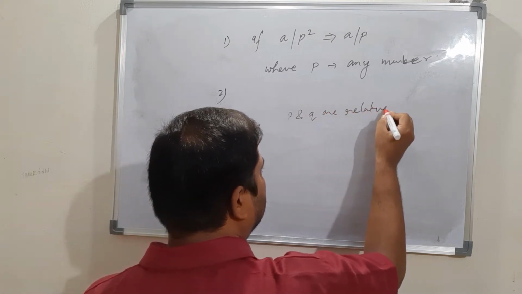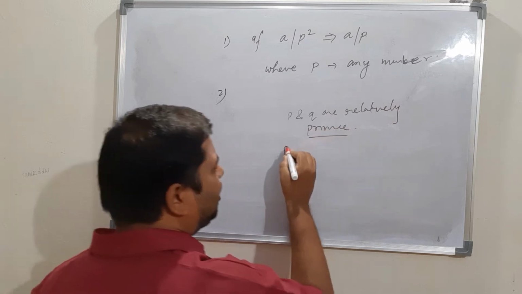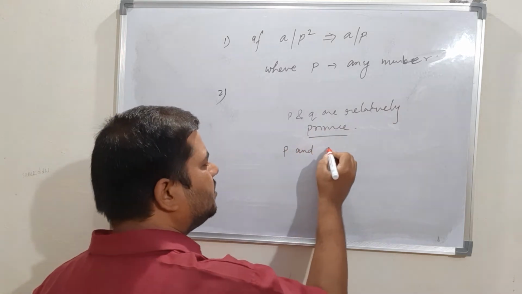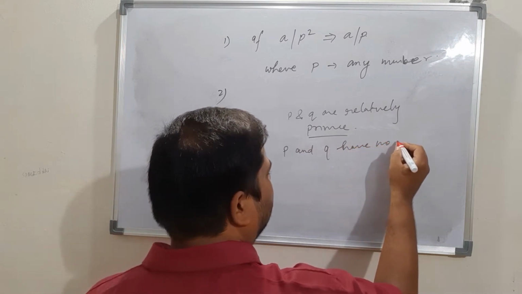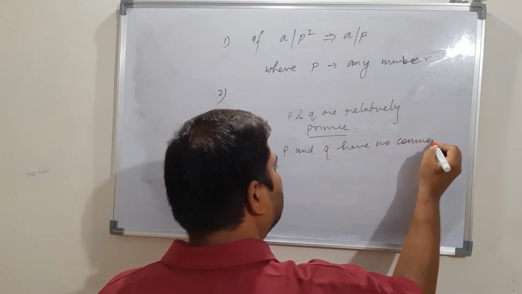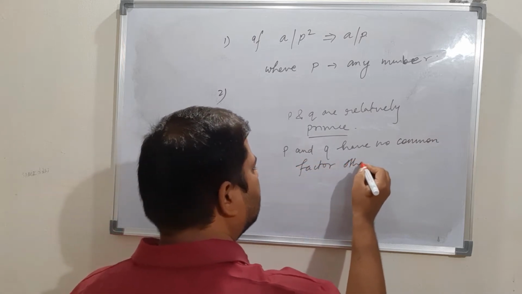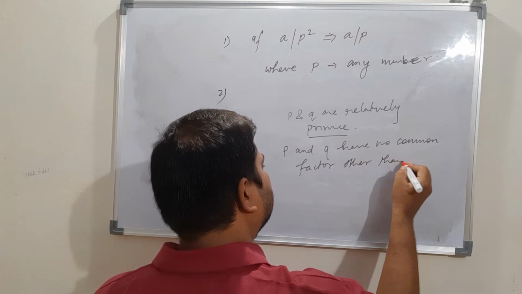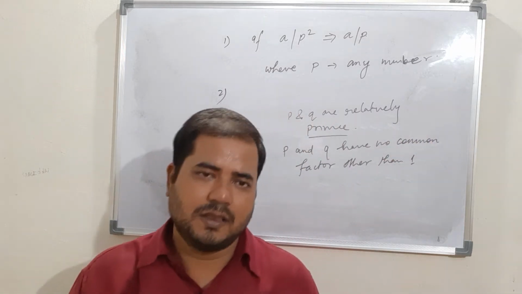prime. Relatively prime means p and q have no common factor other than 1.